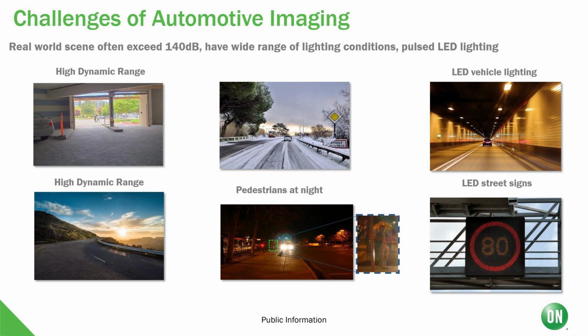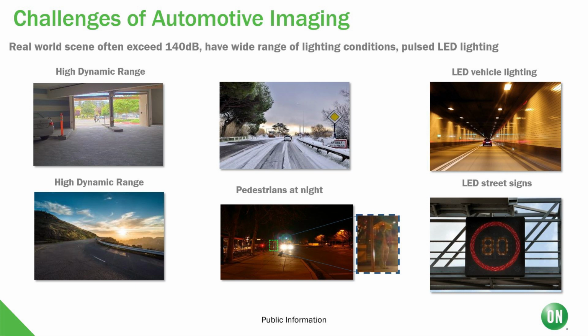Other key requirements for automotive image sensors are their ability to correctly sense the LED lights and street signs. One of the issues with the LED street signs, LED parking lights, and everything based off of LED is it is actually pulsing on and off at an unknown frequency.